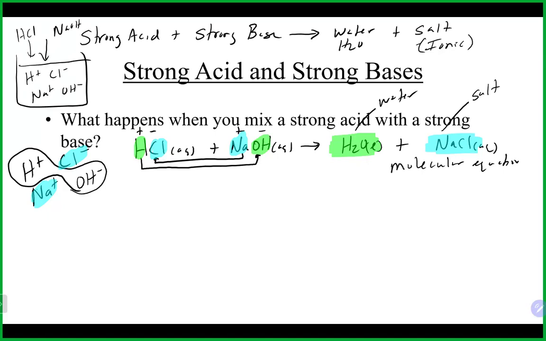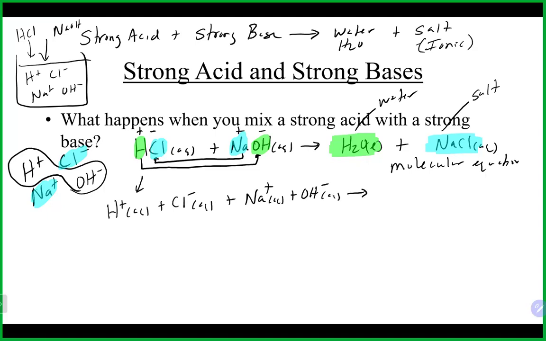And those are the ions that we're going to get basically floating around in the solution. So we know that that's a strong electrolyte, which means we would have H plus Cl minus. Sodium hydroxide, also a strong electrolyte, going to break apart into sodium ion and hydroxide ion.